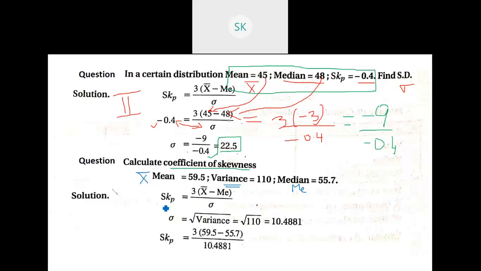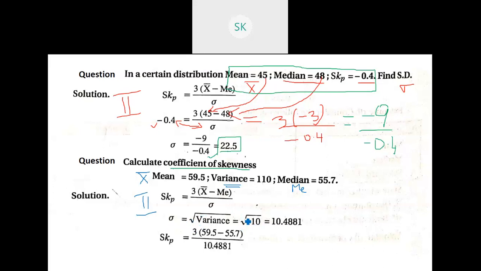So second formula we are using. Okay, fine. Second formula we'll be using because mode is not given to us. Now second formula is 3 into x bar minus median divided by standard deviation. And here if you see, they have given us variance and not standard deviation. So let us calculate the standard deviation using variance. So square root of variance will give us the standard deviation value.